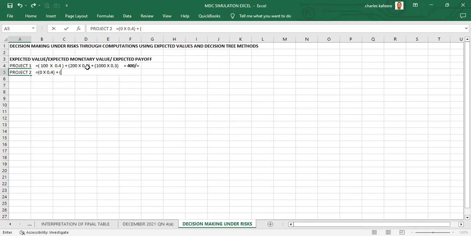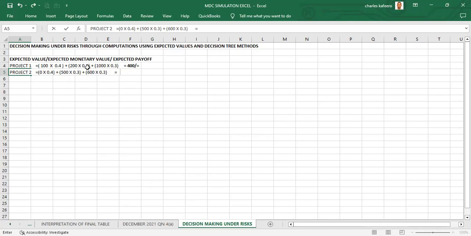Static is giving us 500. 500 we multiply by the probability of 0.3. We add this to the last state of nature, which is 600, multiply this by 0.3. So we close the bracket and we get the final figures there.